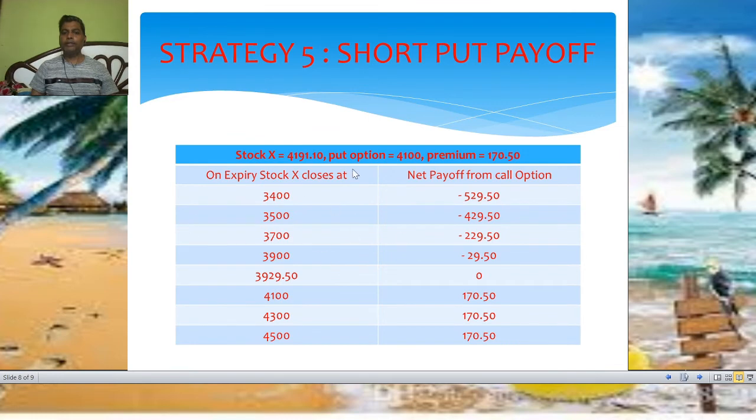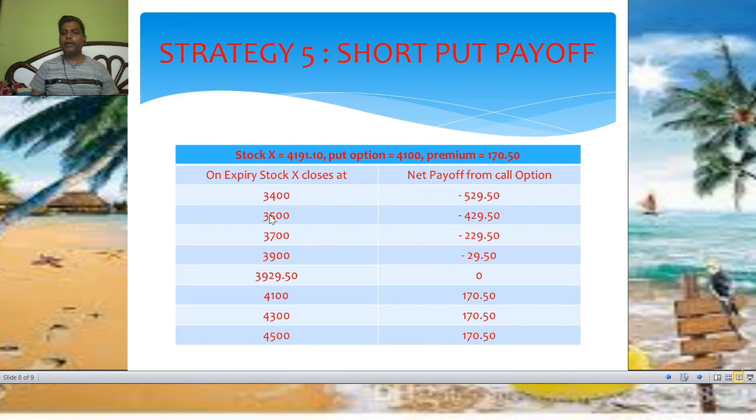Now let us try to understand how we calculate the profit or loss for the short put option. As we know, the spot price of stock X is trading at 4191.10 and we have sold the put option of strike price 4100 at a premium of 170.50. So if on expiry the spot price of stock X closes at 3400, the seller will make the loss of 529.50.